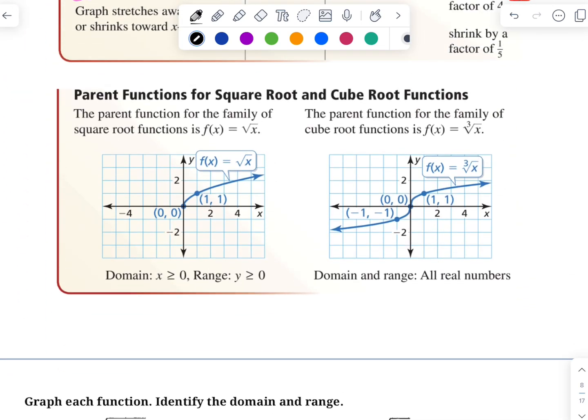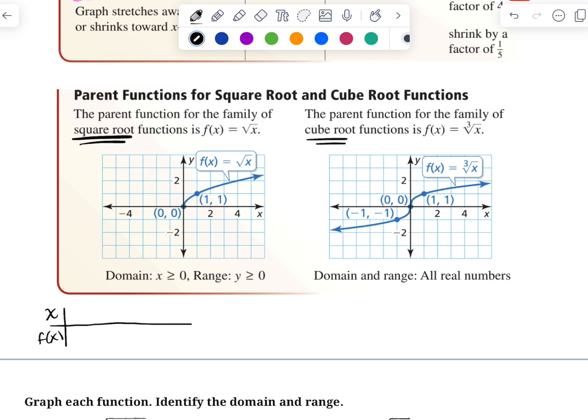Some new information, and not so much new, but just to revisit it and make sure we've got a clear understanding of it. We've got our parent function for our square root function and our cube root function. Now keep in mind, if you forget what a particular function looks like, you can always just build a table of that function.